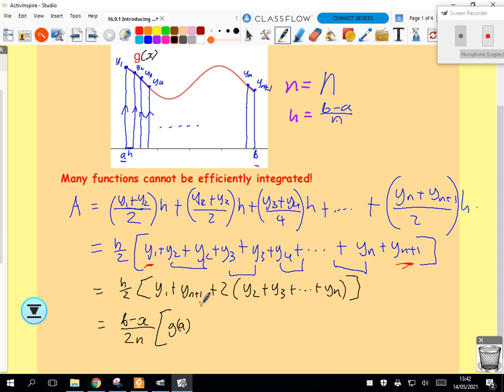I'm going to skip this one for the moment. I'll come back to that. The height of the second offset would be g of a plus h. And the length of the third offset would be g of a plus 2h.